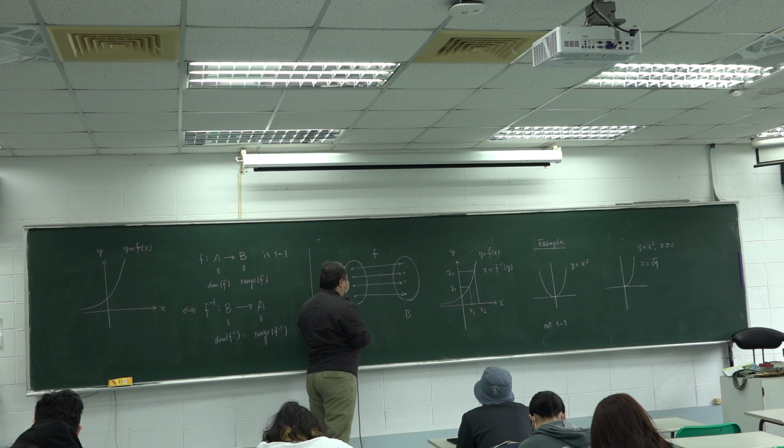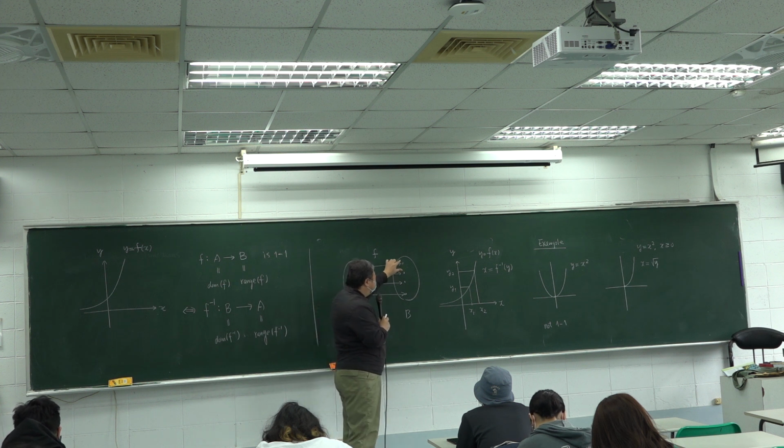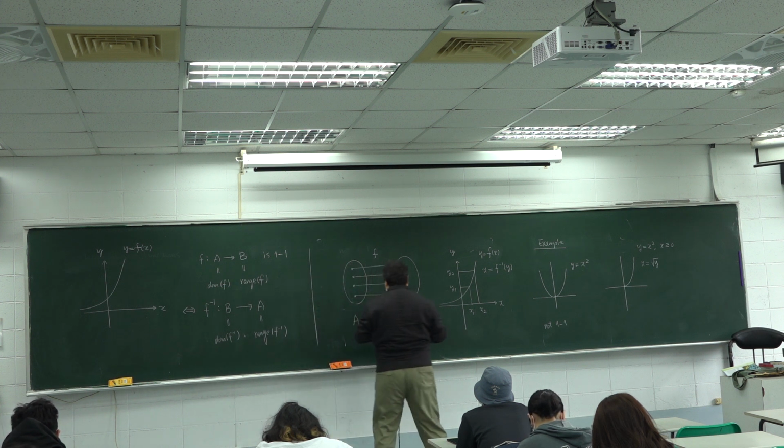And this function being 1 to 1 means different points in A map to different values in B.